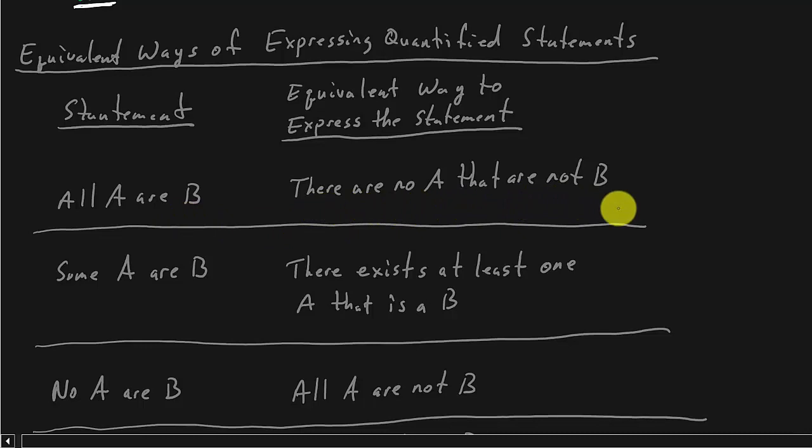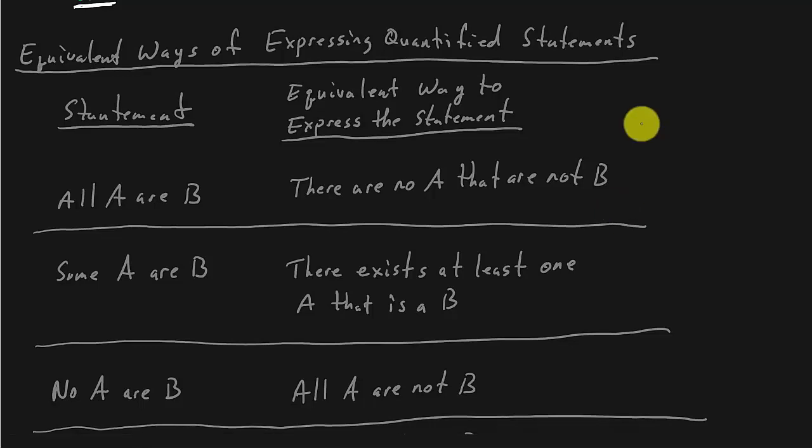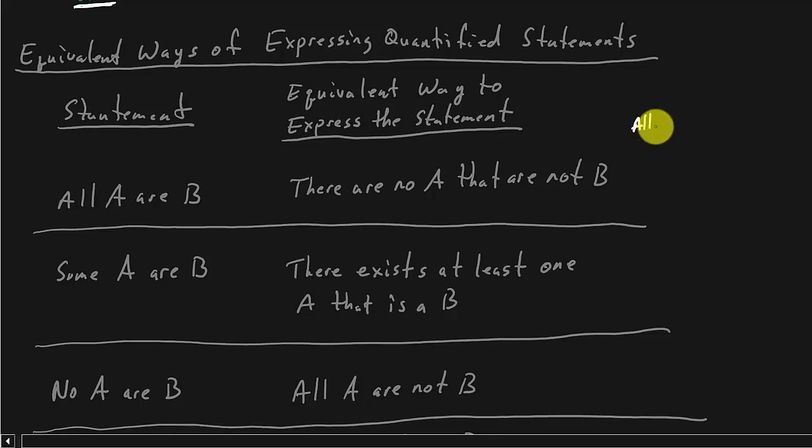Something like a statement we could write if you had something like all poets are writers. If you said all poets are writers, how could we write that in an equivalent way?